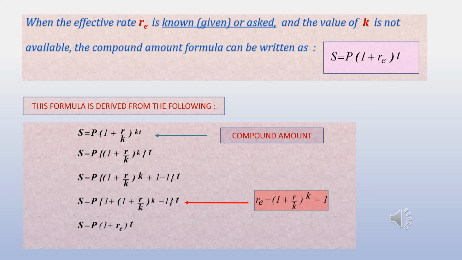So we will have S equal to P, big brackets, 1 plus R over K to the degree of K, plus 1 minus 1.